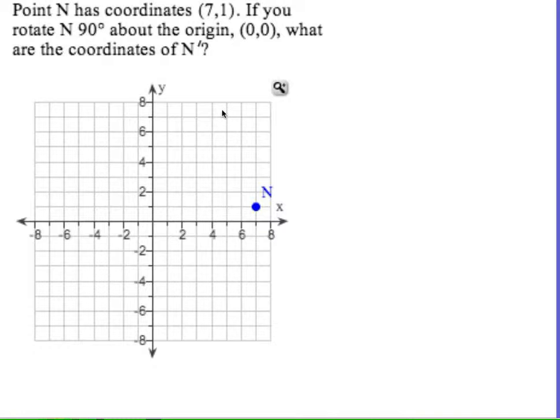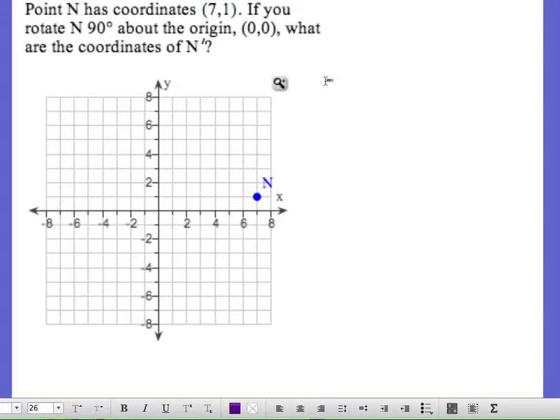Point N has coordinates 7, 1. If you rotate N 90 degrees about the origin 0, 0, what are the coordinates of N prime? Again, 90 degrees. If you will recall, a 90-degree rotation means we're going to take our X and our Y, switch places, but this time it's the Y that changes its sign.